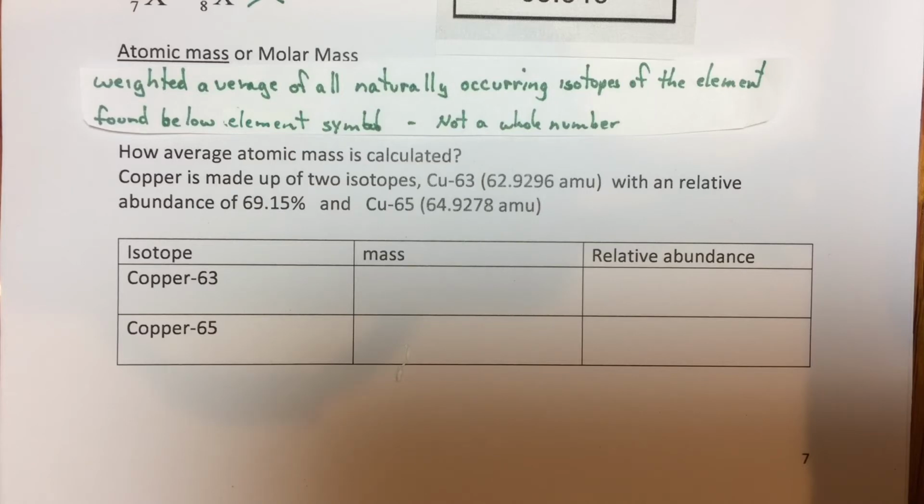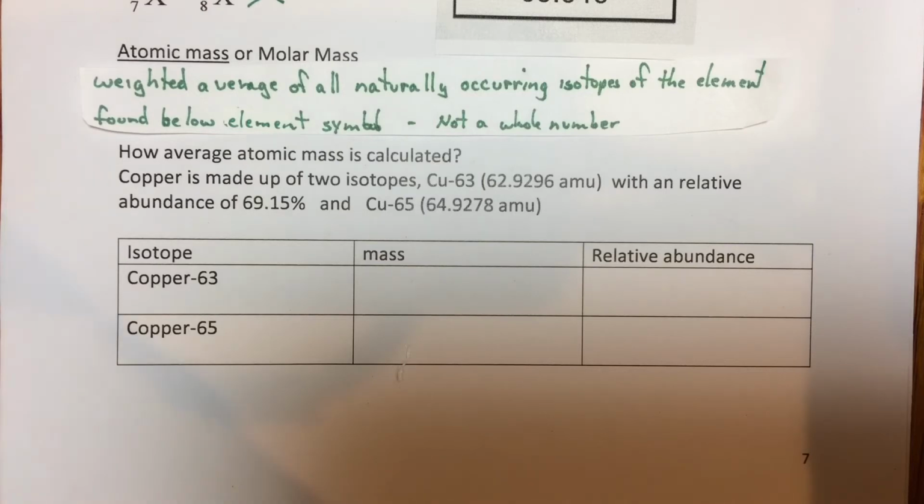There's also another form of copper, copper 65, with a mass of 64.9278 AMU. Whenever I get a problem like this, where I've got lots of different numbers, I like to put them in a nice table so that I can keep them all straight and figure out what I'm doing.